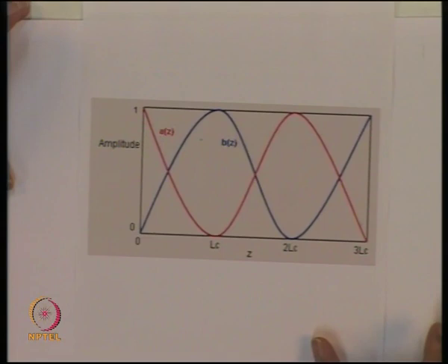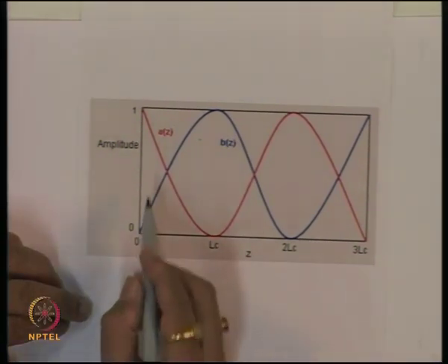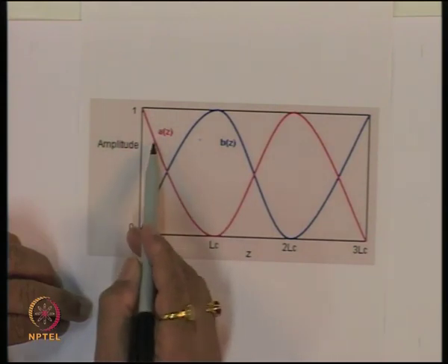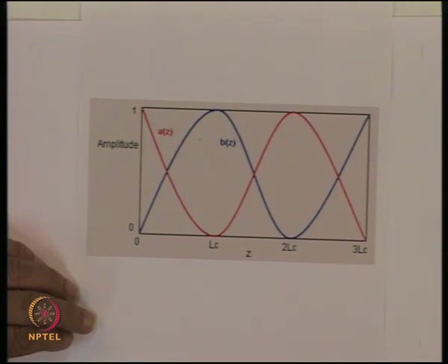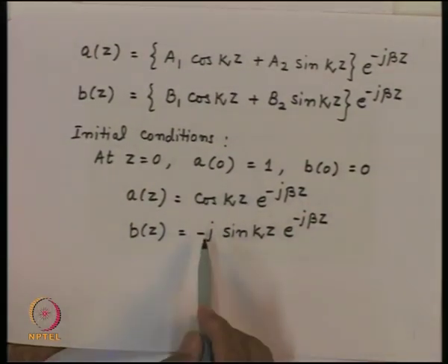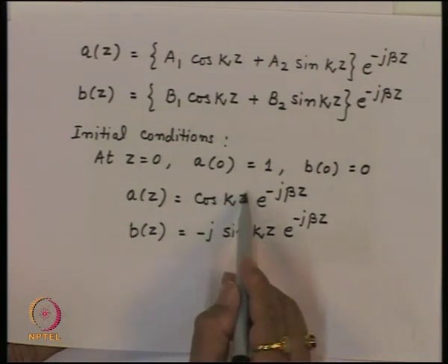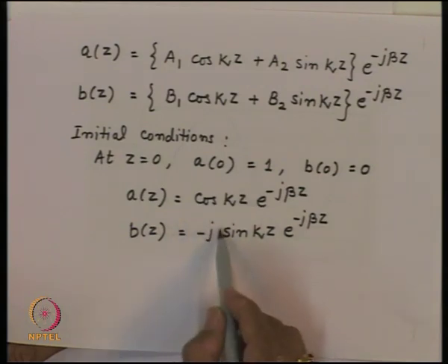So at z equal to 0, the whole signal was on waveguide A, so we had amplitude 1. Slowly as the z increases, this quantity becomes smaller and smaller, and when kz is equal to pi by 2, this will become 0, but at that time this will become equal to 1.